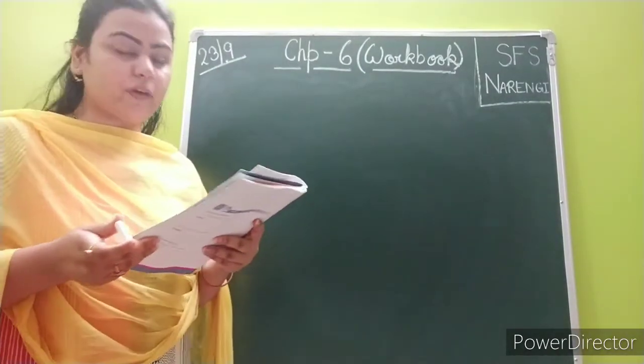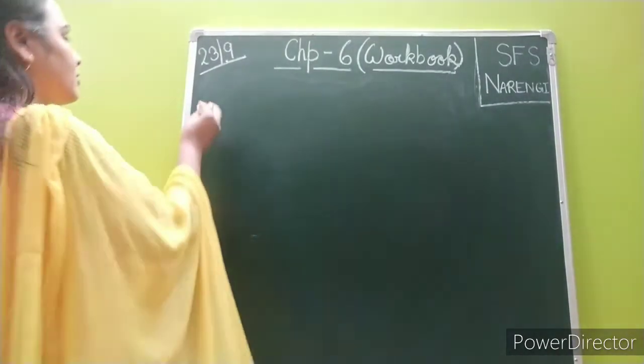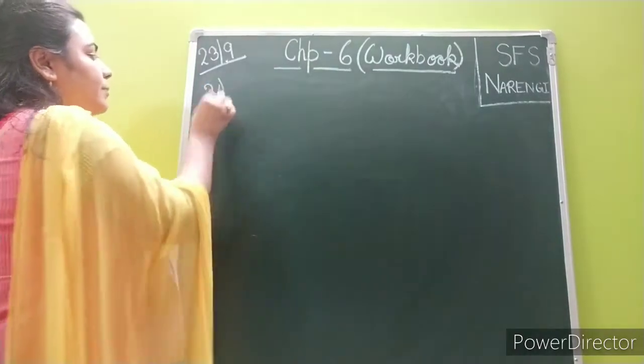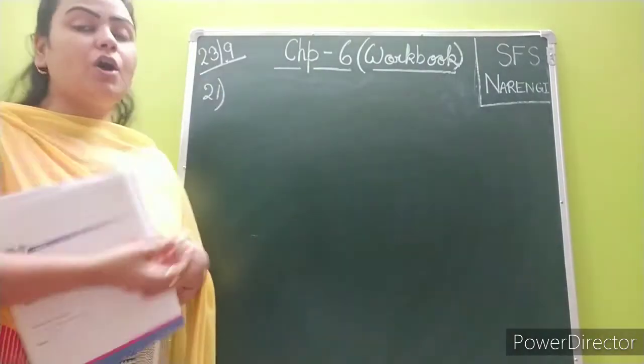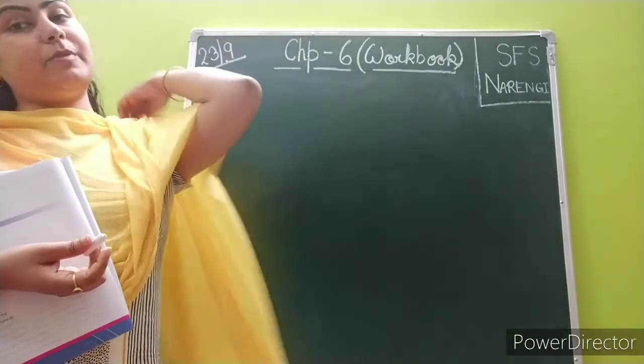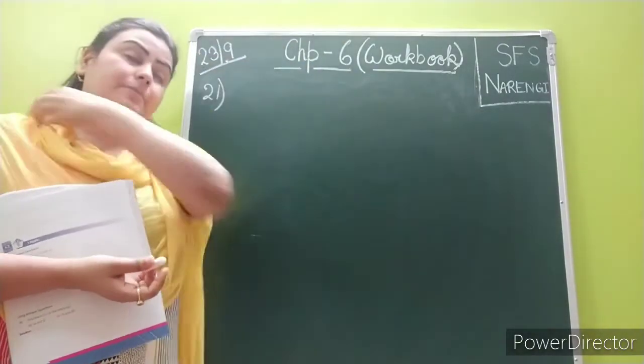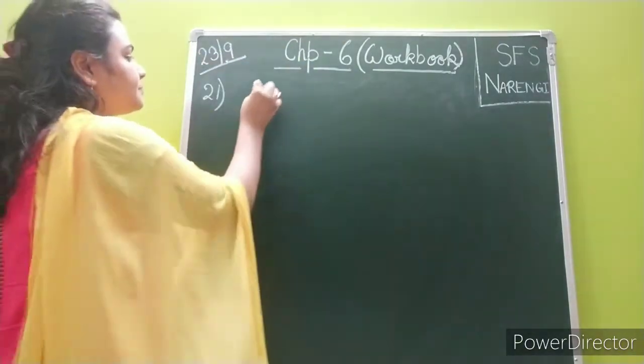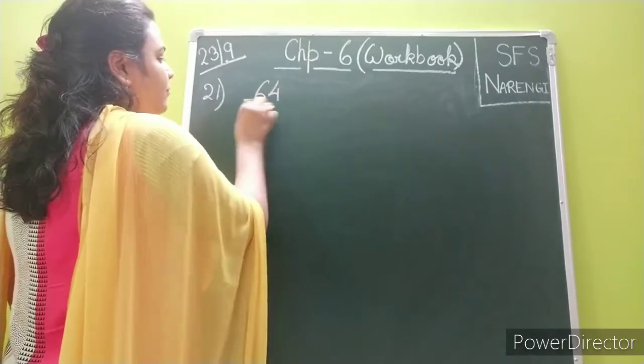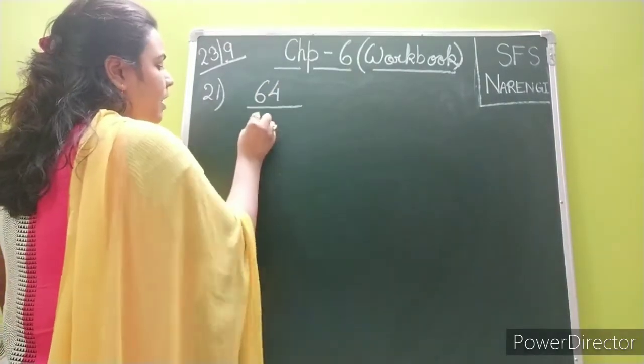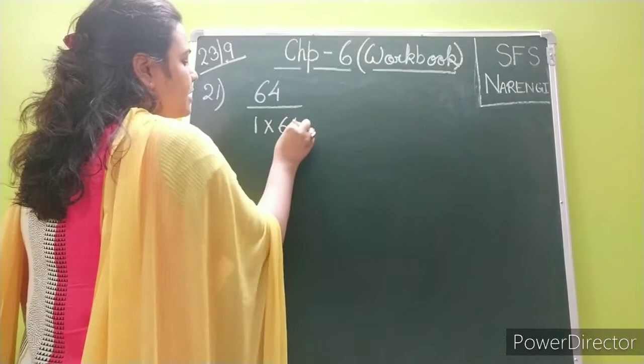So children, coming to question number 21, as I said, the question has asked us to write out the factor pairs of 64 by multiplication and division facts. So first, let us find the factors. 1 into 64 is equal to 64.